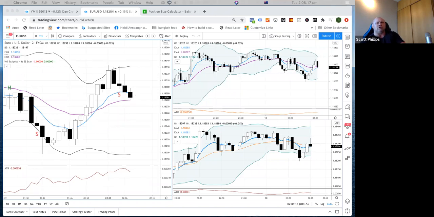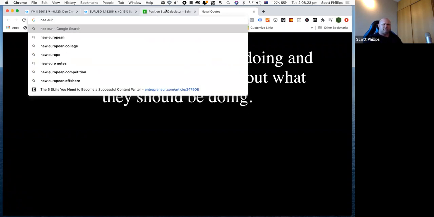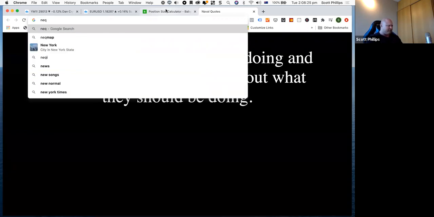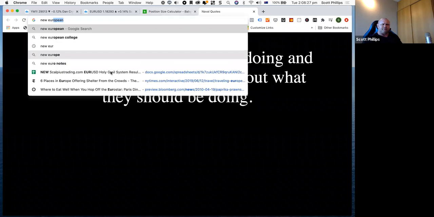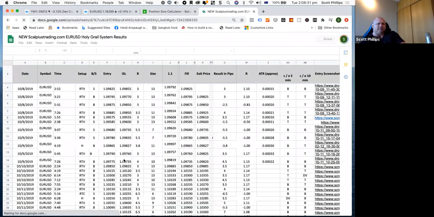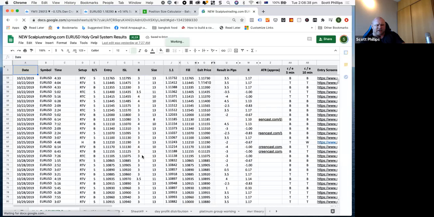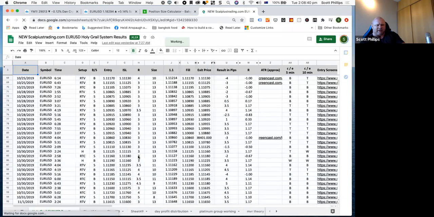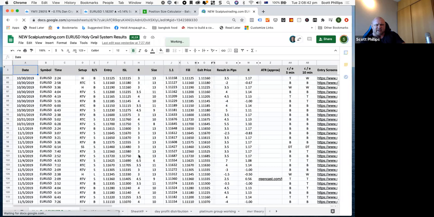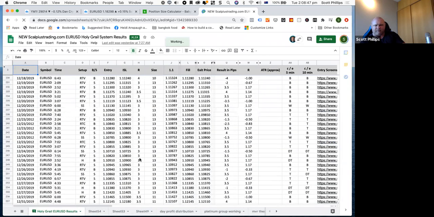And if you go to the baseline spreadsheet, if we go down to all these different trades, right down to the bottom where we are now. I haven't done yesterday's, but you can see it's 29.